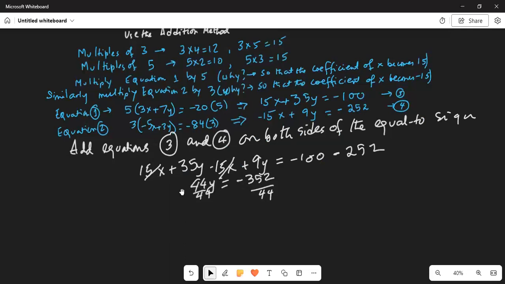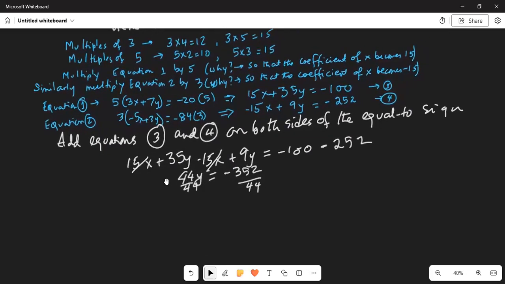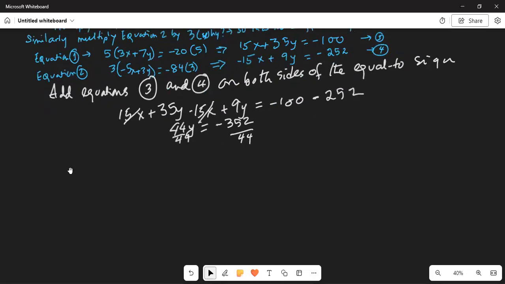So this 44 and this 44 will cancel, and you will be left with y equal to, and if you use the calculator, you will notice that 44 goes into 352 8 times, because 8 fours are 32.